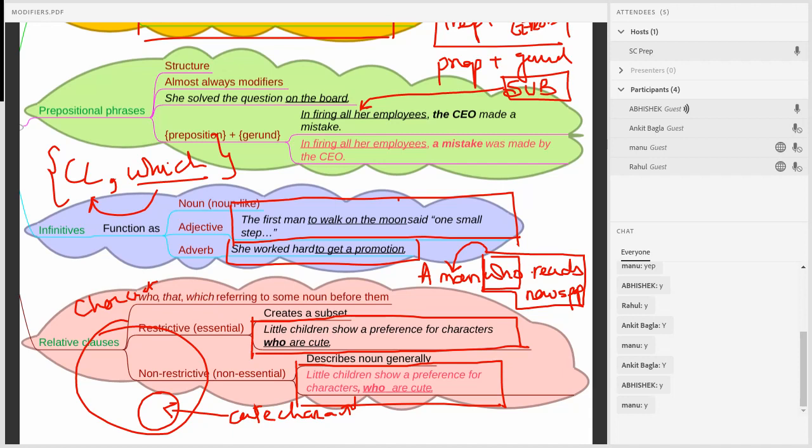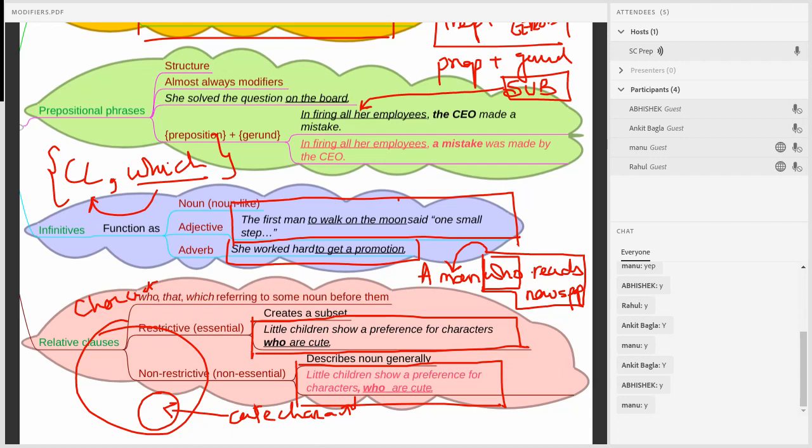Right, good. And it also tells us that children show a preference for all characters. Now, if children like all characters, what is the point of using the word preference? Why do we want to say that they show a preference for characters? How do you have a preference for all characters? It doesn't make any sense.